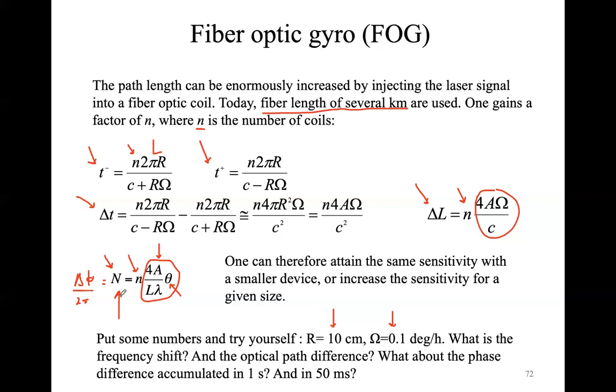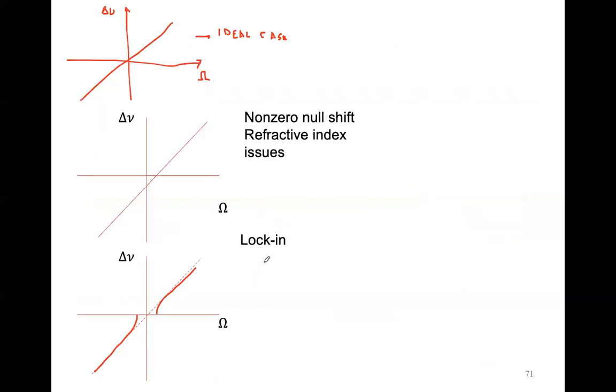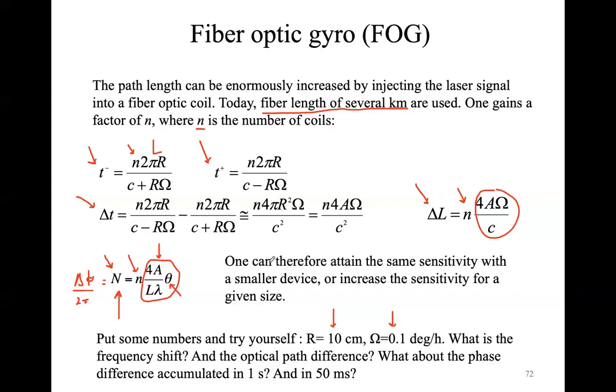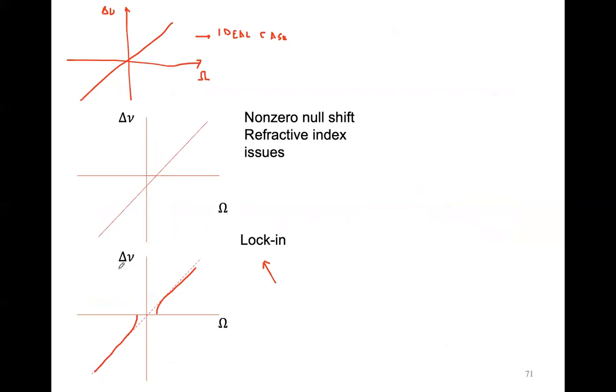The other main advantage is that those gyroscopes are not affected by the lock-in issue. Since the fiber optic gyroscopes are looking at phases, you do not have this lock-in problem that is related to the delta frequency.